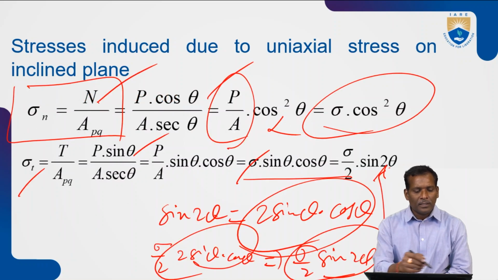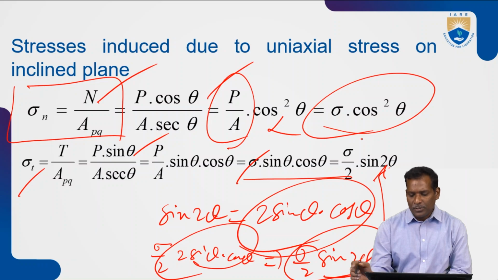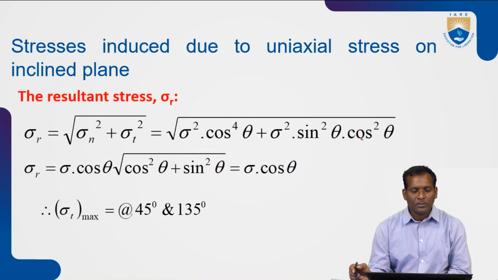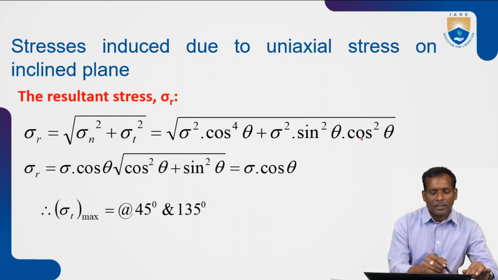So now we have calculated the normal stress and tangential stress. Normal stress is sigma cos square theta, tangential stress is sigma by 2 sin 2 theta. So the resultant stress due to the uniaxial stress on the inclined plane: how do we calculate it?